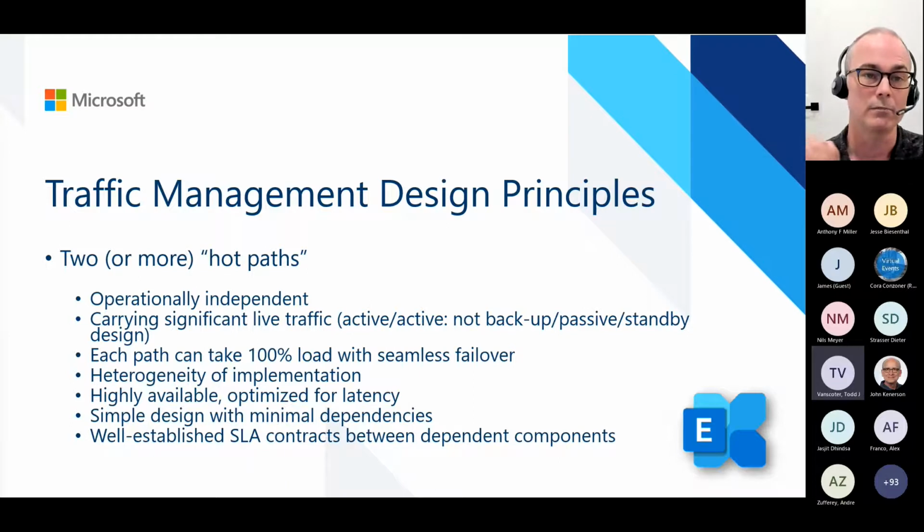So when we think about the design principles that go into traffic management, a lot of what we do at Microsoft, kind of regardless of the domain that we're talking about, we like building systems that are active-active, where there are two ways to make something happen, both of which are always operational. So if one goes down, obviously we have another side of things that can take over and handle the load.